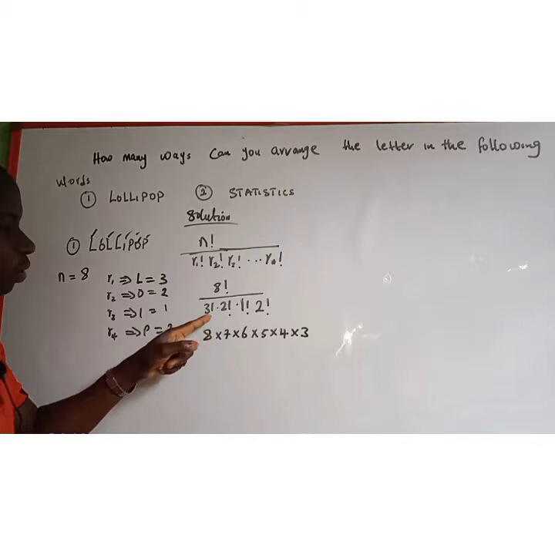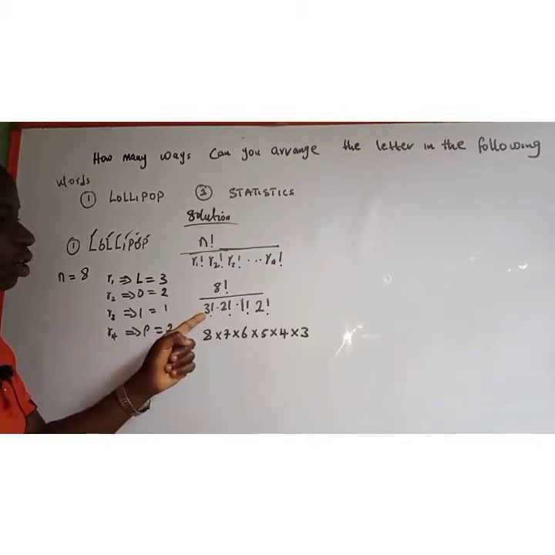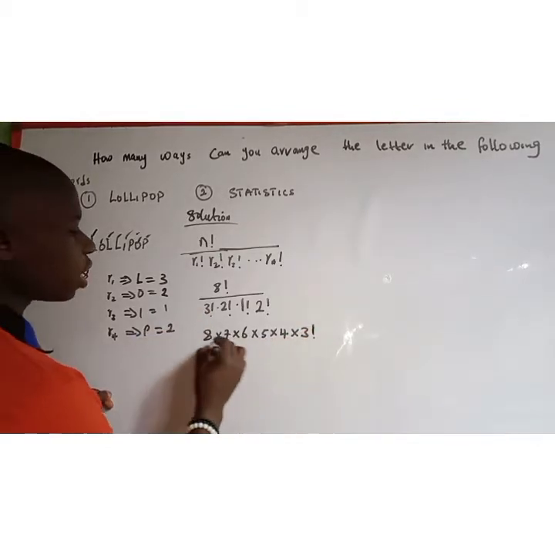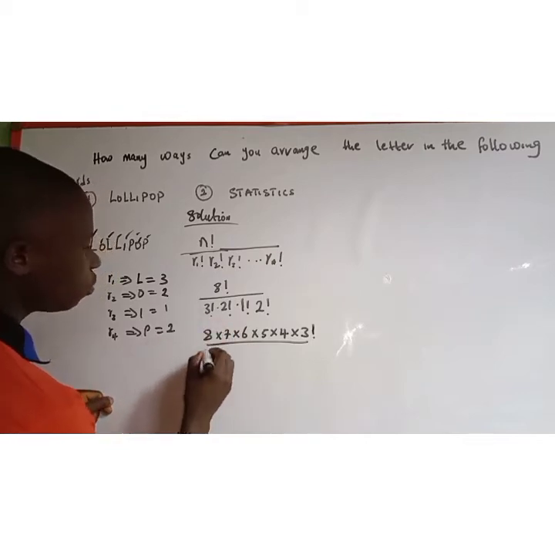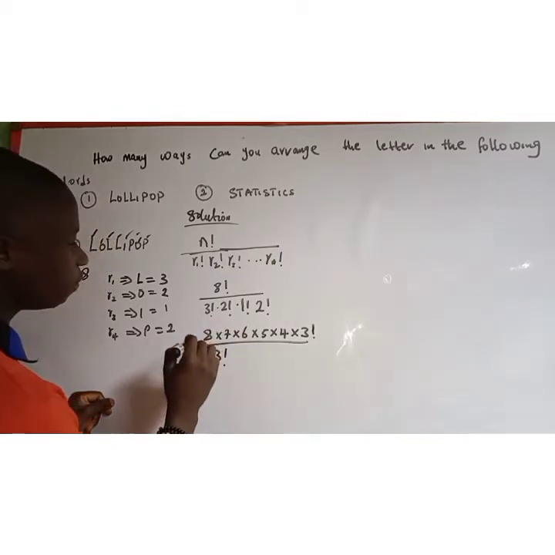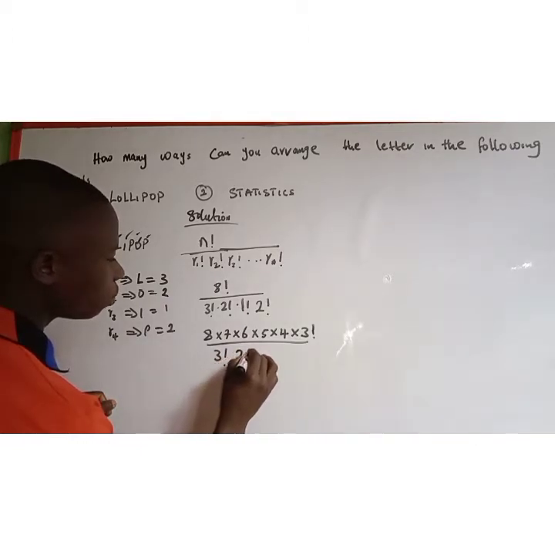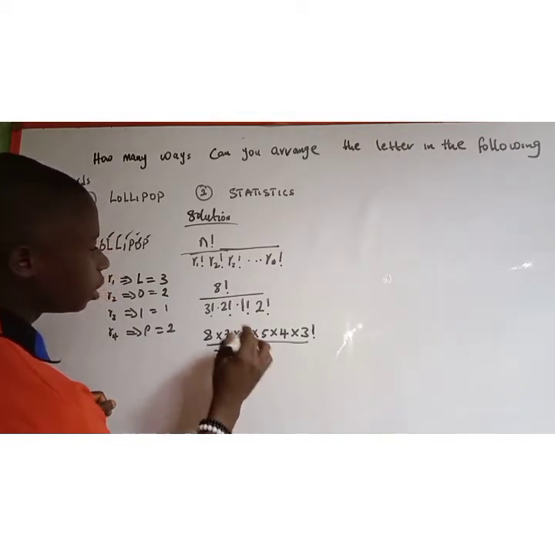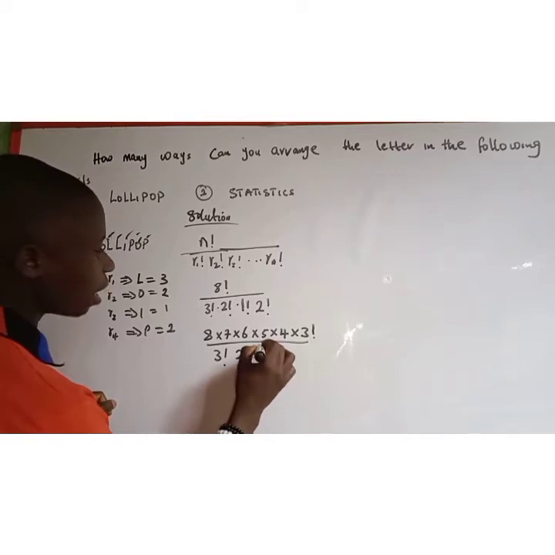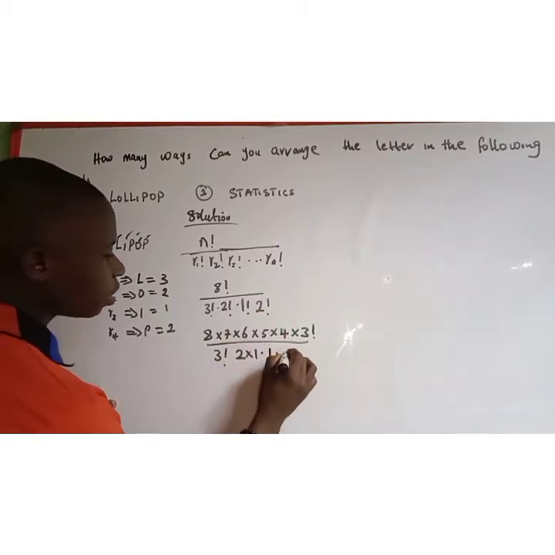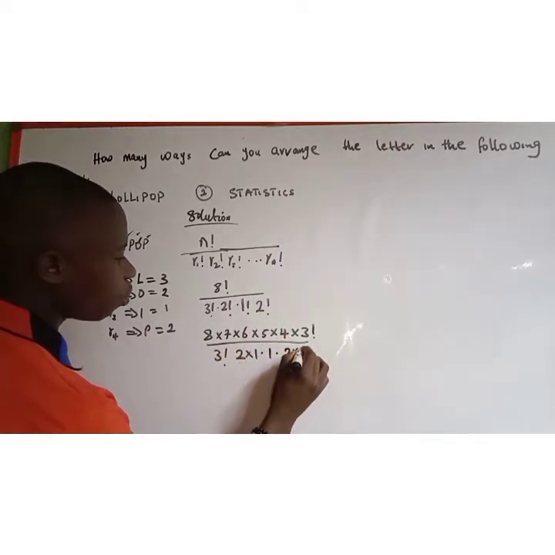Since the highest factorial in the denominator is 3, we stop at 3 factorial. Then over this we have 3 factorial, which we leave. 2 factorial can be expressed as 2 multiplied by 1, 1 factorial is still 1, and the other 2 factorial is 2 multiplied by 1.